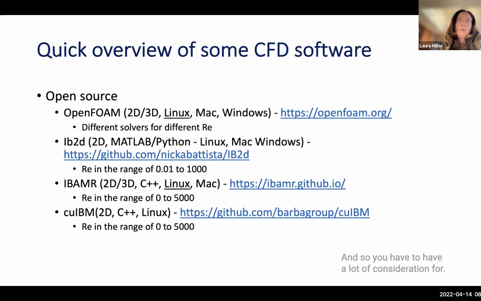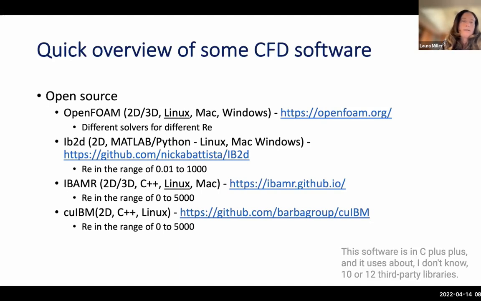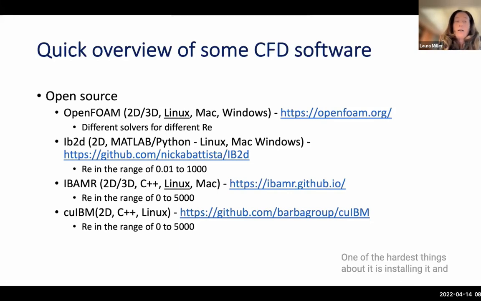And so you have to have a lot of consideration for speeding things up, again, by using something like adaptive mesh refinement or having a well-parallelized code. This software is in C++, and it uses about, I don't know, 10 or 12 third-party libraries. One of the hardest things about it is installing it and getting all these libraries to talk to each other. But once it's working, it's quite nice for doing 3D.